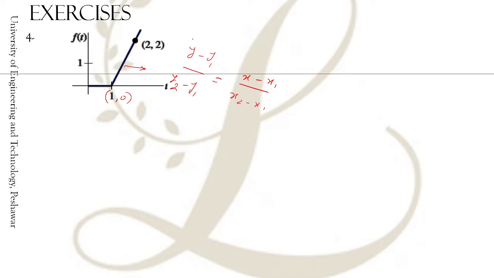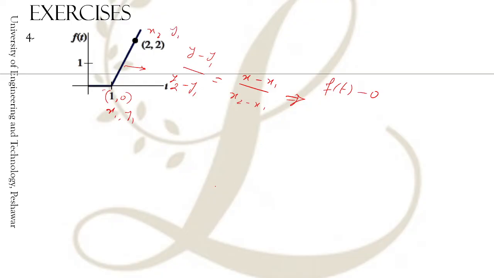तो यहाँ पर y की जगह f of t आ जाएगा, whereas x1, y1 के हम accordingly वैल्यू लेंगे. So y minus y1, that means f of t minus 0. I'm taking this as my (x1, y1), whereas this is my (x2, y2).